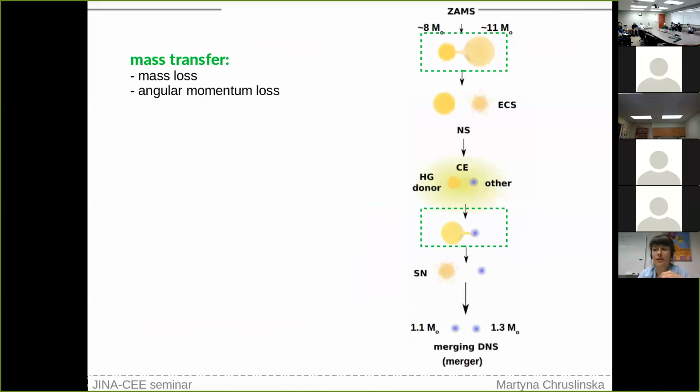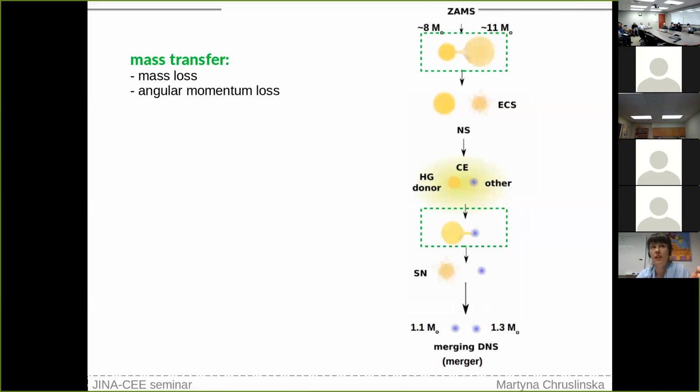And now let's have a quick look at this typical evolutionary scenario for a formation of merging double neutron star to identify those phases. So since we need to form a merging system, a very close binary in the end, then sooner or later when our stars evolve, one of the companions will overfill its Roche lobe and start the interaction, so mass transfer.